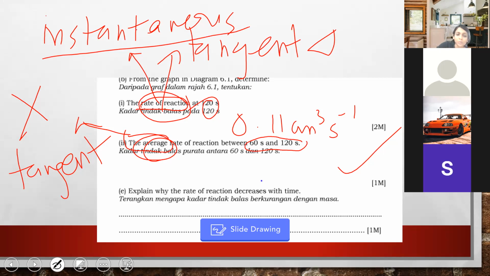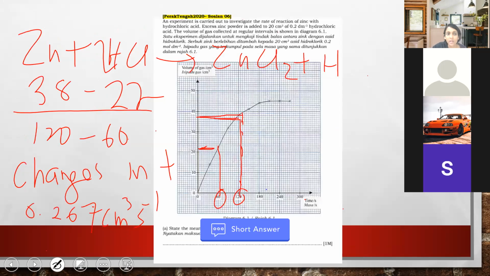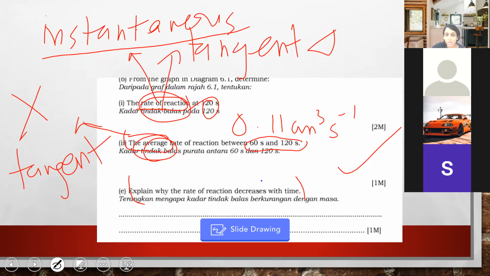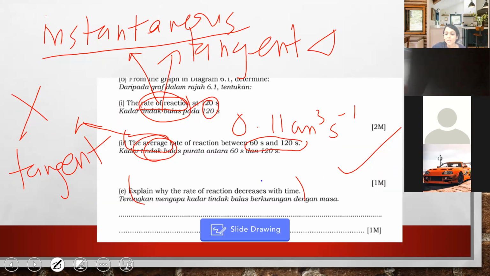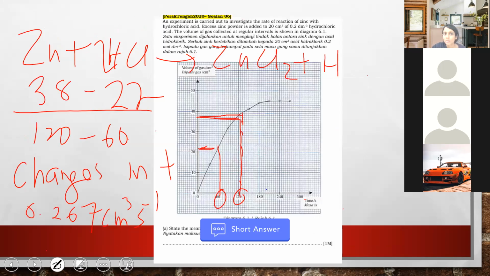Okay, now next question. Why does the rate of reaction decrease with time? Remember in this question, I'm using zinc and hydrochloric acid. Why does the rate of reaction decrease with time? The zinc dissolves.